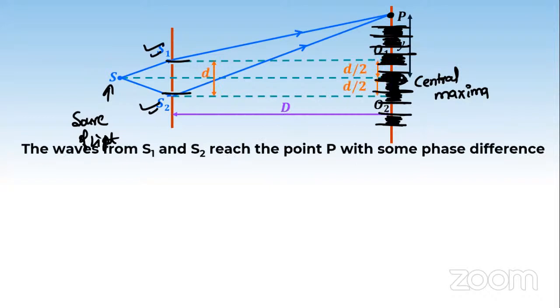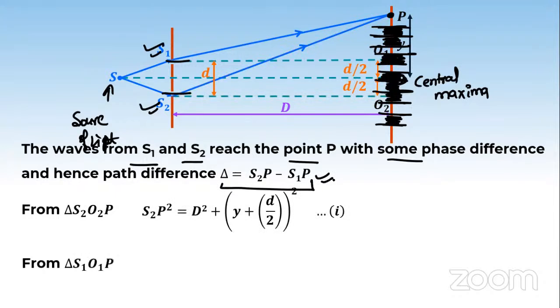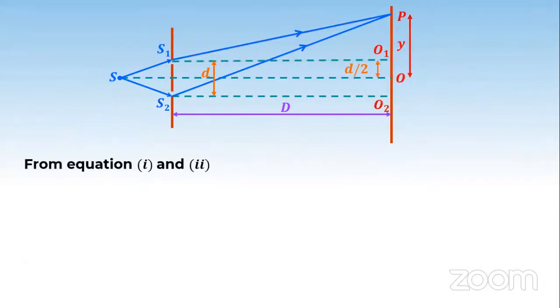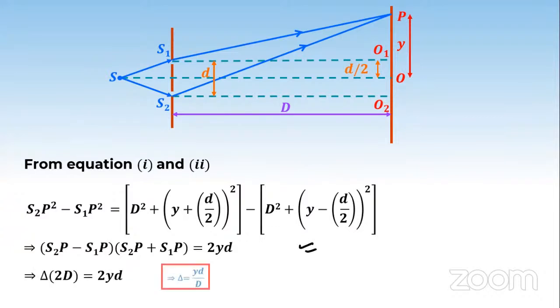Okay. So see, the waves reaching from S1 and S2 at a point P have some phase difference. As we can see the path difference here, from this we get the y value.